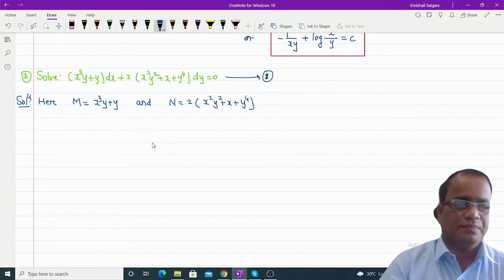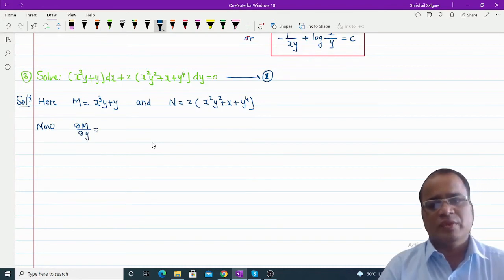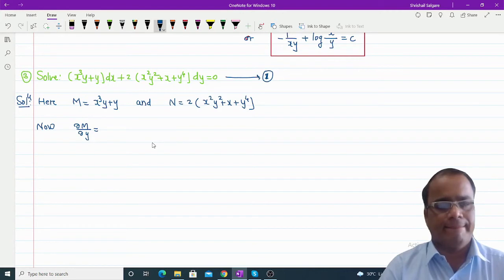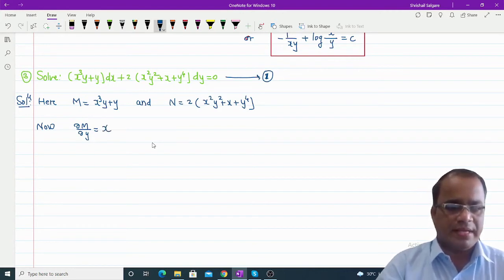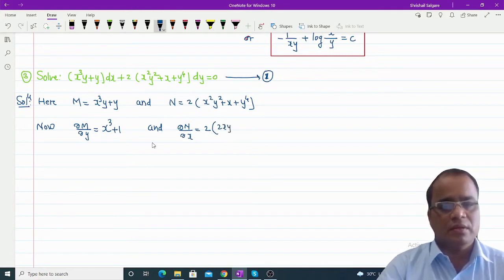And suppose you are finding the partial derivative of m with respect to y. Quickly reply if anyone knows the answer. x cube plus 1. And the partial derivative of n with respect to x: this 2 remains as it is, 2 into (2xy square plus 1), or if you simplify this, it comes as 4xy square plus 2.